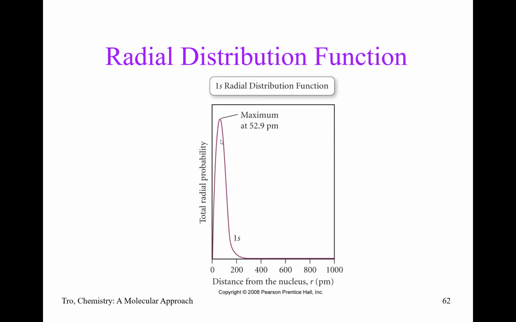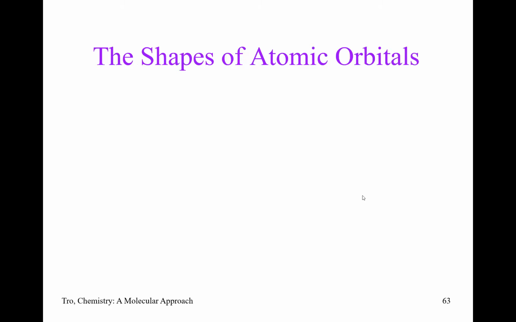So this would be like Mars going around the sun, right? Mars is never at the sun, the nucleus, but this is its typical orbit distance from the sun, and thus the maximum probability of finding Mercury. That, you know, this would be that distance from the sun. So similar to the planets going around the sun.